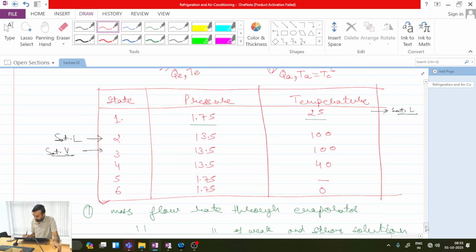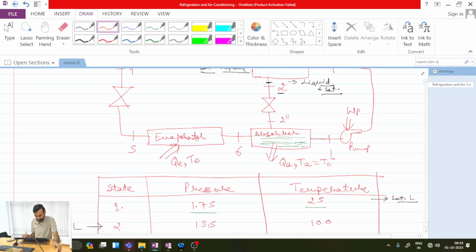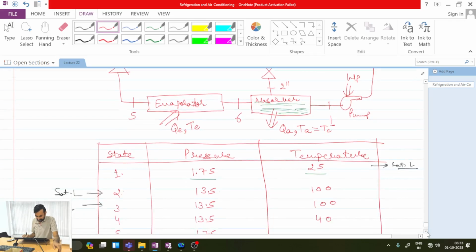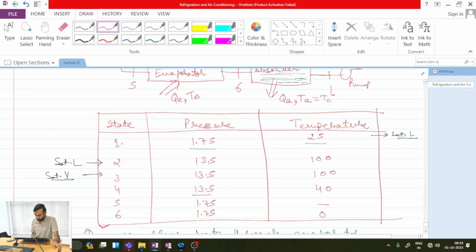State point 4 is exit of condenser, and 4 is having data 13.5 bar and 40 degrees Celsius. First point is, if I am referring to an ideal cycle, in an ideal cycle, always the exit of condenser is nothing but a saturated liquid state.